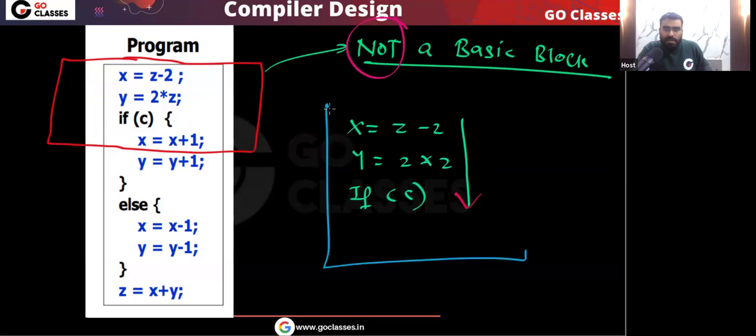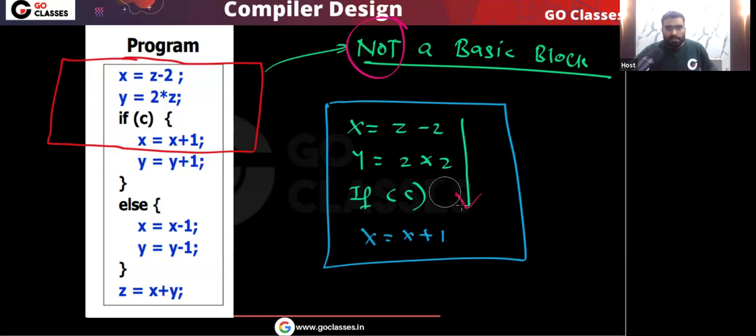But tell me, can I guarantee that the next instruction you will execute will be x equal to x plus 1? Can you guarantee that they will execute like this? No. Because from here you can actually go out.